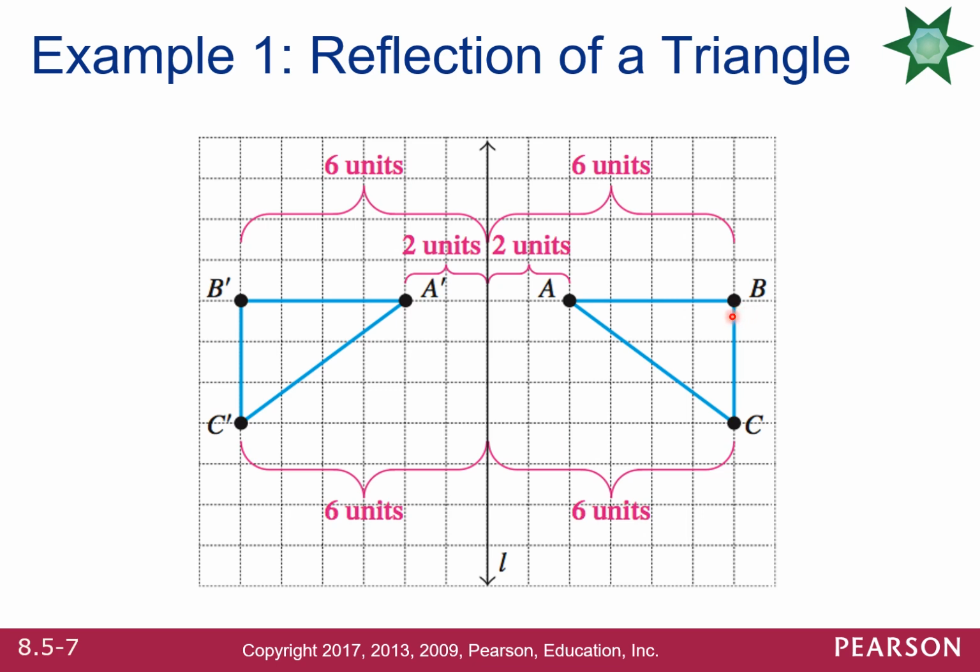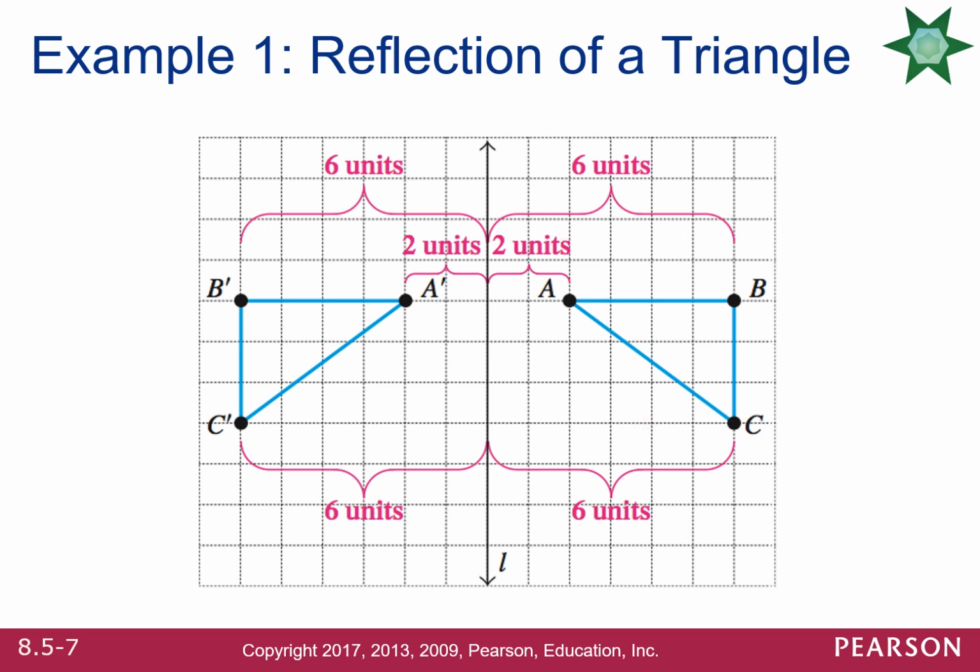Same for B, it was positioned 6 units to the right, so B dash is exactly 6 units to the left, and C dash, which was positioned 6 units to the right, is now positioned 6 units to the left. And once we connect the points, we get a reflection, a mirror image of the triangle on the right.